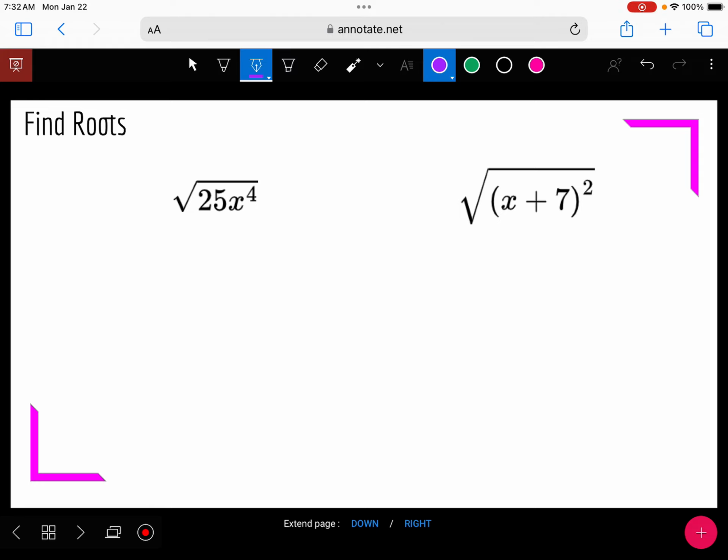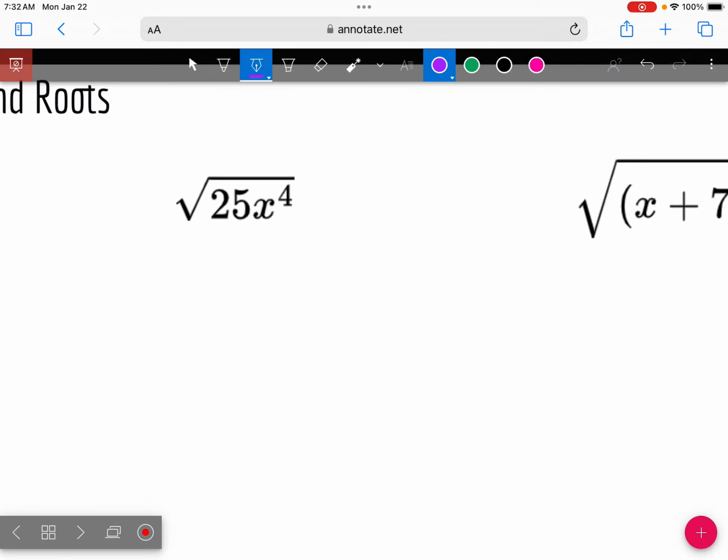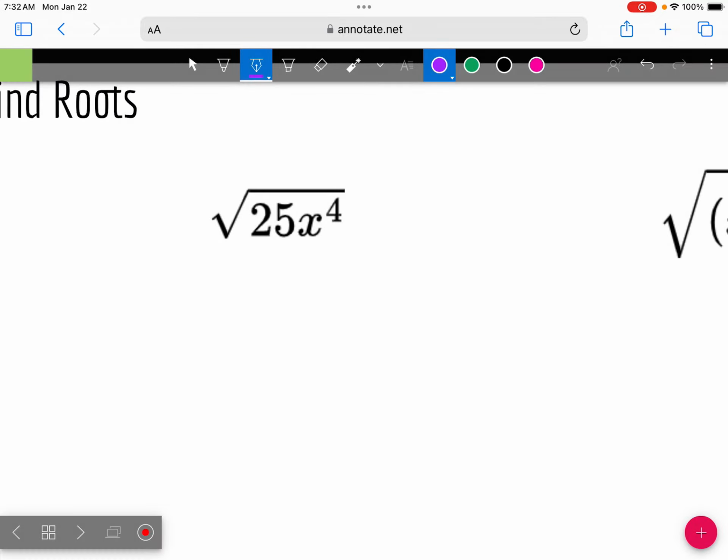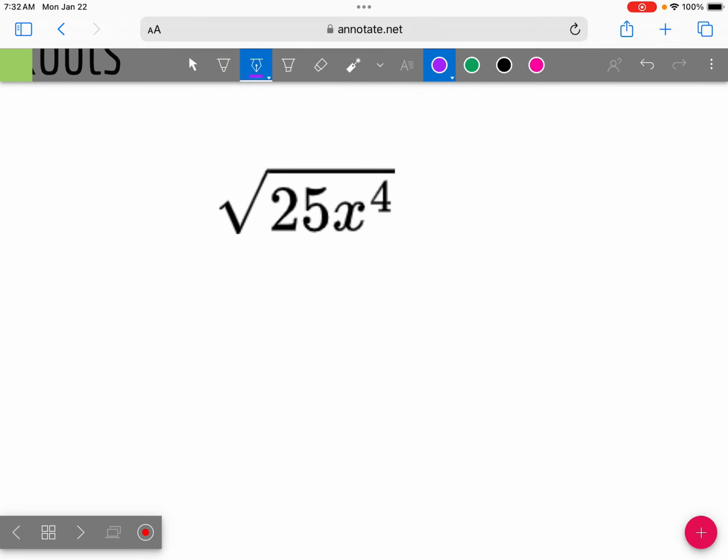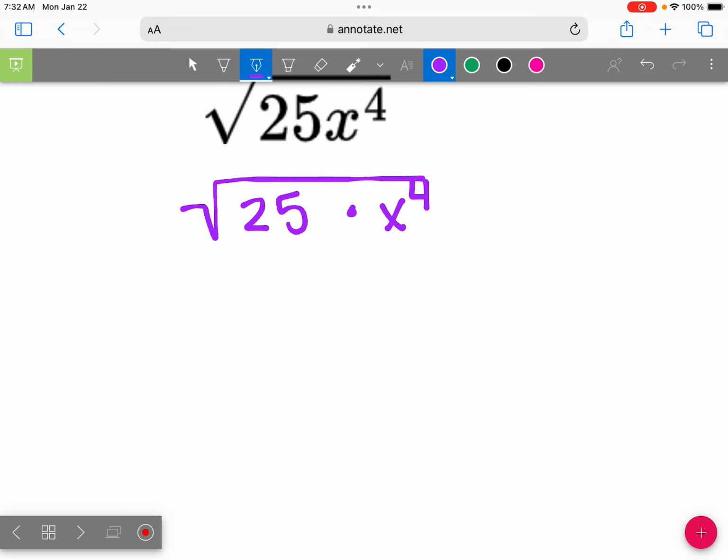And the way I do this, when I have 2 different kinds of terms like this, is in my head I break these up into pieces. So I'm going to split this up. It's going to feel very much like when we did imaginary numbers. If you think back to that, I'm going to do this the same way I did that. I'm going to switch this to be 25 times x to the 4th.